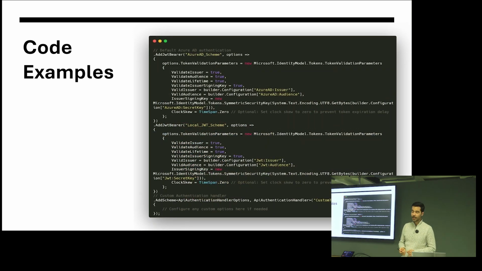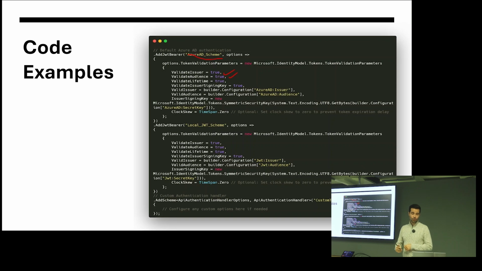It's a simple one. Now, after that, I just need to define my identity providers. For instance, when our identity provider is Azure Active Directory, I'm going to check the issuer and audience. I just want to make sure this token is valid from that issuer and audience or not.